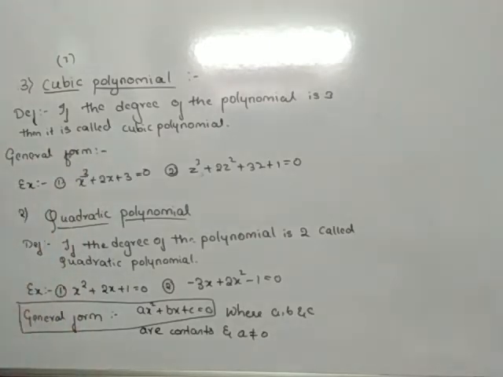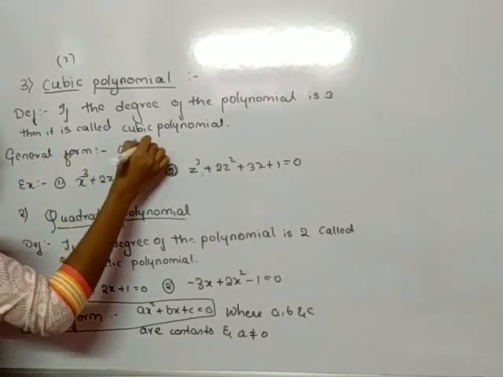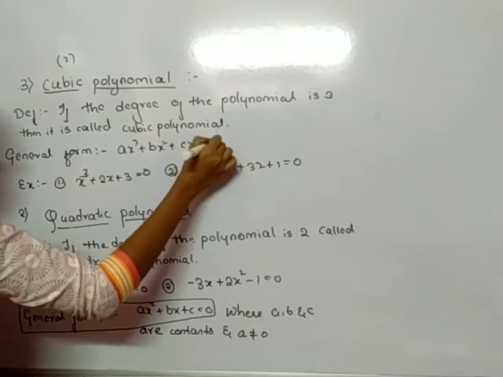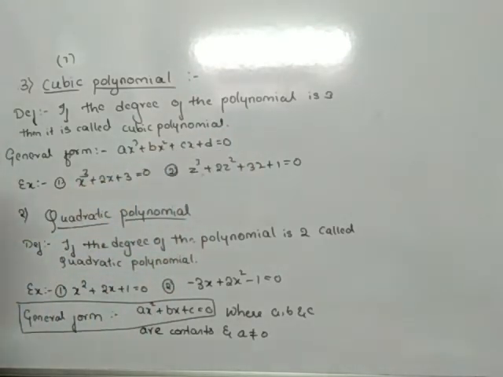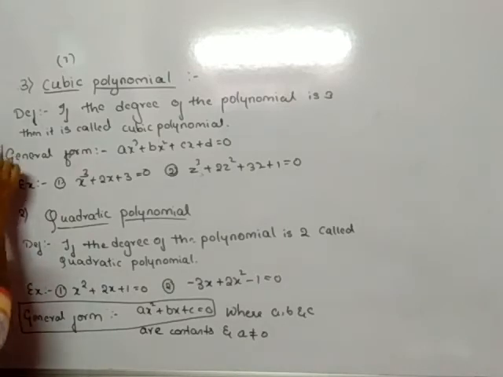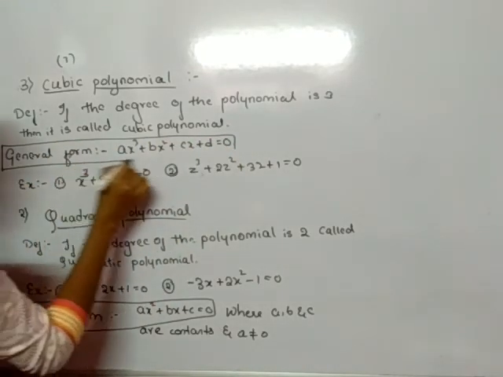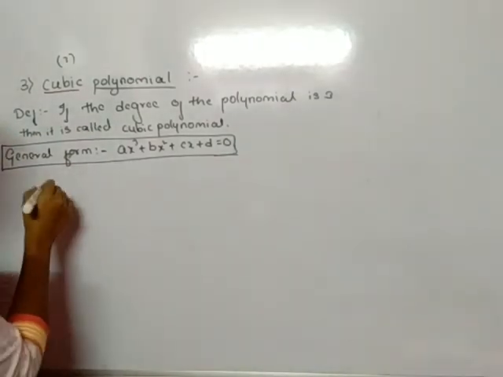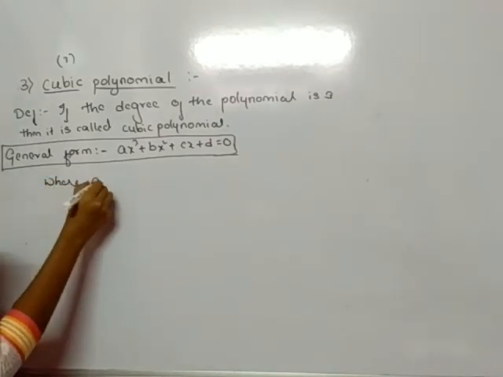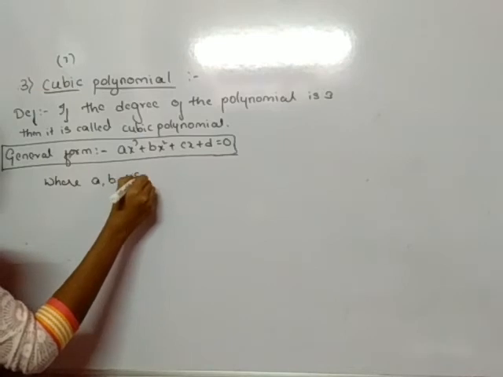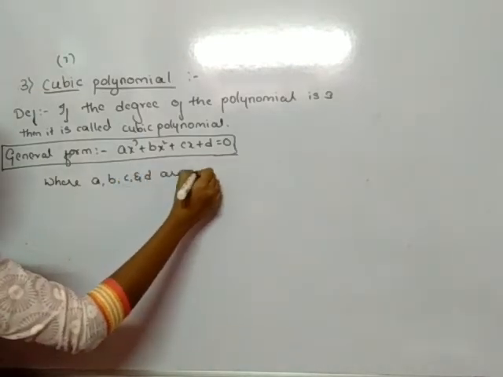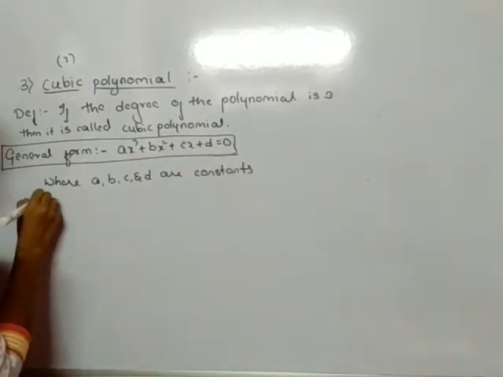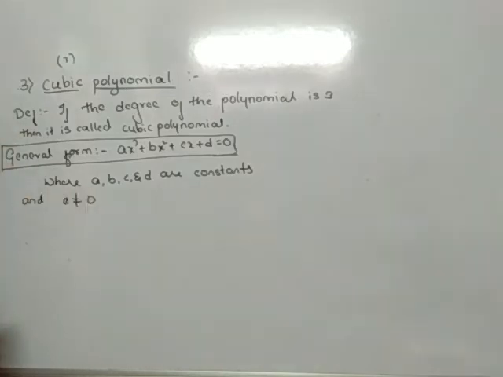The general form of a cubic polynomial is ax cube plus bx square plus cx plus d is equal to 0, where a, b, c and d are constants, and a must not equal 0, right?